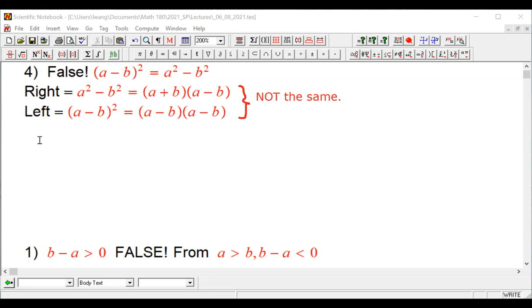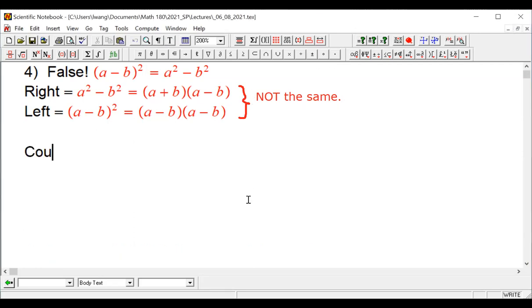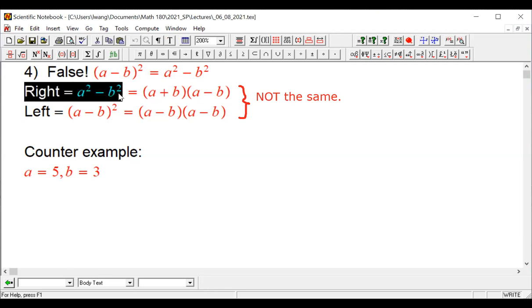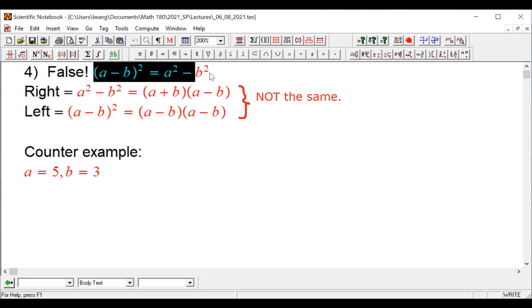Another perspective is just a easy counterexample. For example, I can have a equals 5, b equals 3, right? So left-hand side, right-hand side.